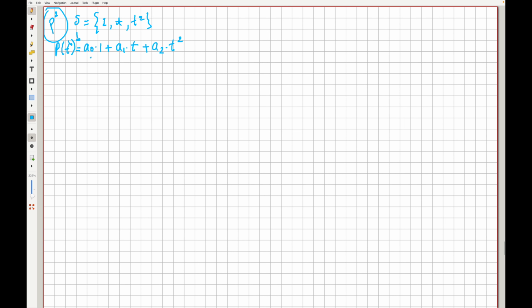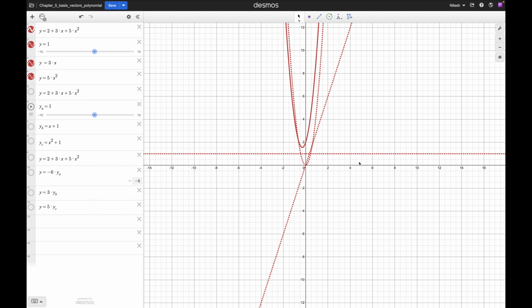So a0 we said was 1, this we said was 3, and we said that this was, I think, 5, and this then gives us the polynomial, which is 1 times 1 plus 3 times t plus 5 times t squared. So that's the polynomial we are able to create using this set of basis vectors above, and we are showing that right here.